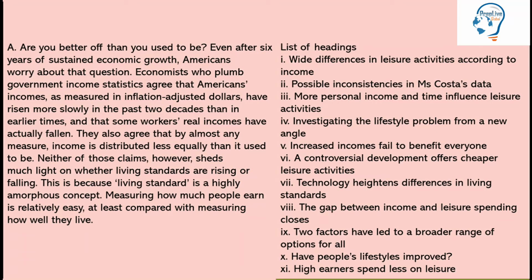Neither of those claims, however, sheds much light on whether living standards are rising or falling. This is because living standard is a highly amorphous concept. Measuring how much people earn is relatively easy, at least compared with measuring how well they live. This is the paragraph.